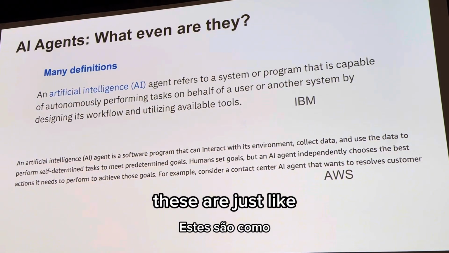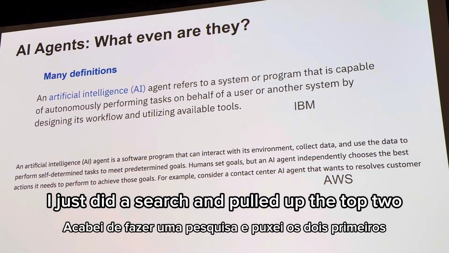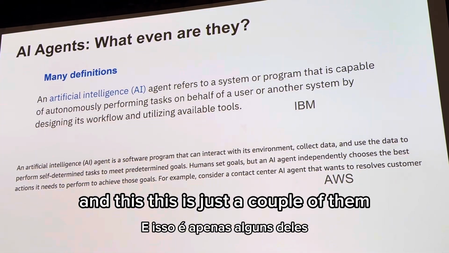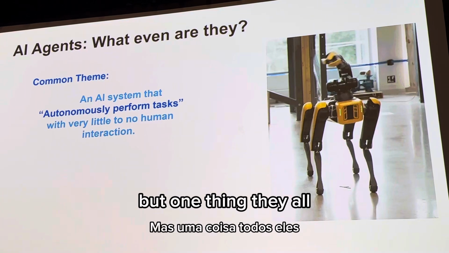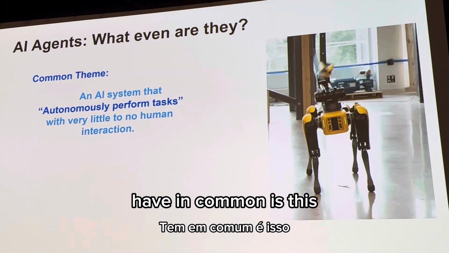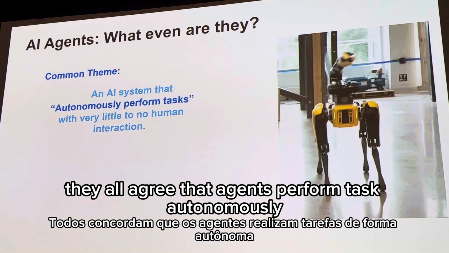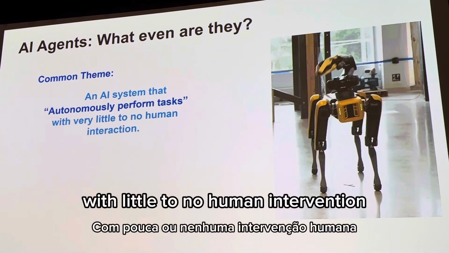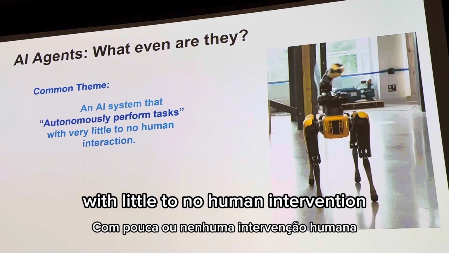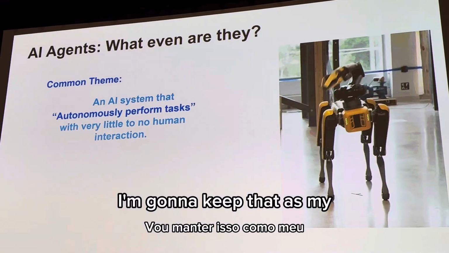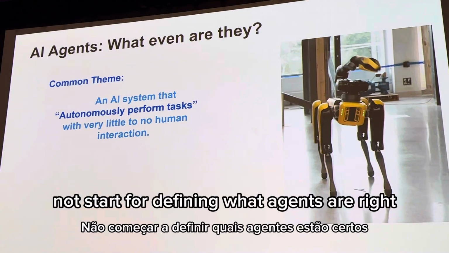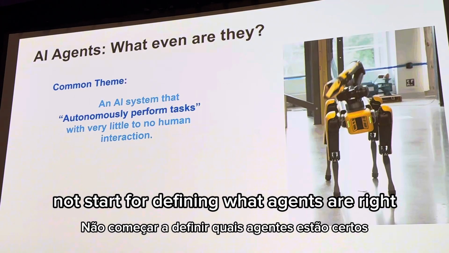I just did a search and pulled up the top 2. But one thing they all have in common is that they all agree that agents perform tasks autonomously with little to no human intervention. So I'm going to keep that as my North Star for defining what agents are.